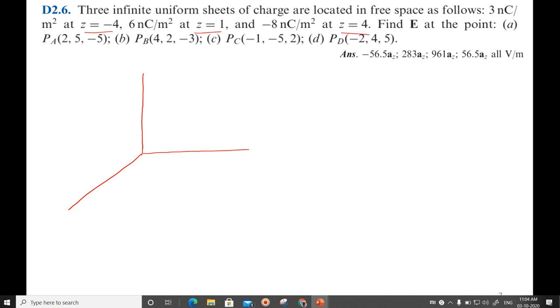So z equal to 1 will come somewhere here, z equal to 4 somewhere here, with the x axis, y axis and z axis. Extend the negative z axis, z equal to minus 4, here.